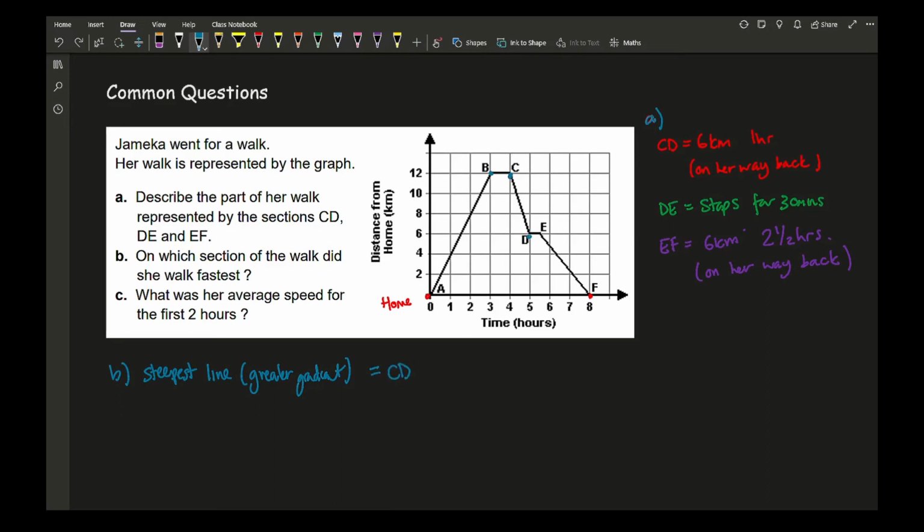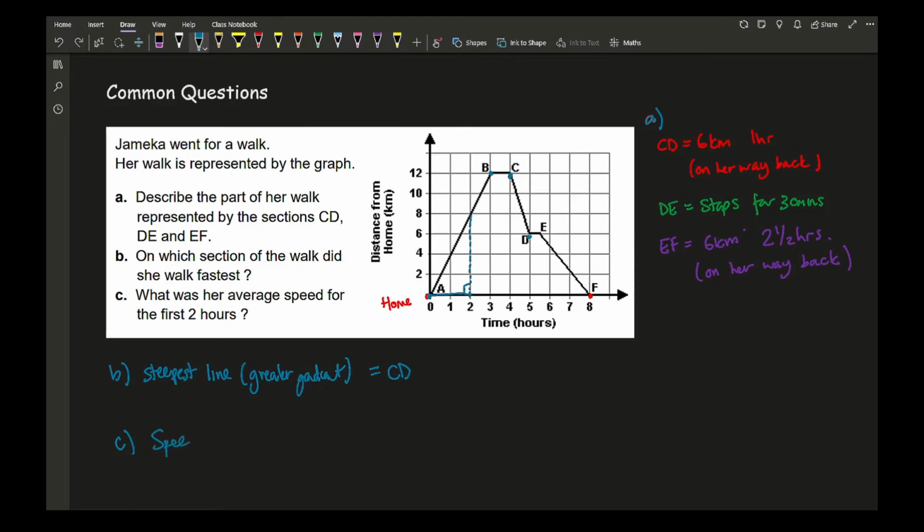And then finally for C, it says what was her average speed for the first 2 hours. So here I can't pick the triangle because it's specified it's looking for the first 2 hours. So if I just draw the first 2 hours of the line and then go upwards, this blue triangle is what I need to work out her average speed.